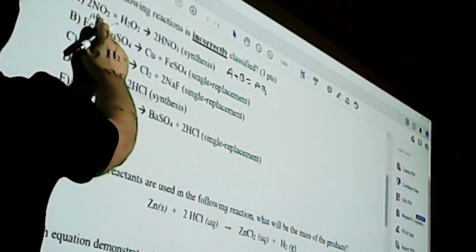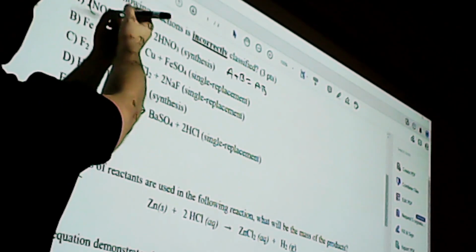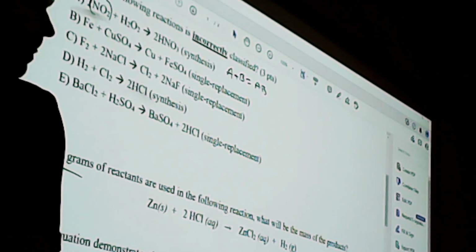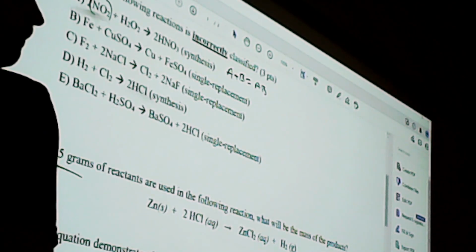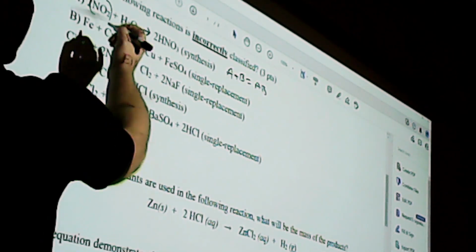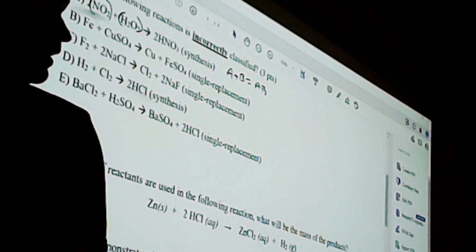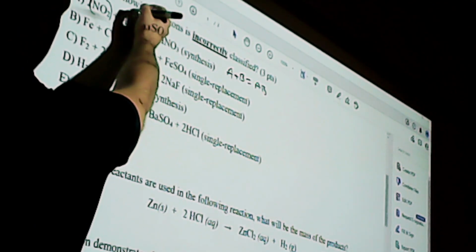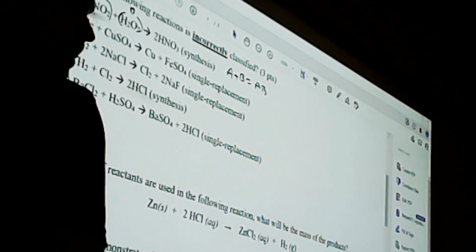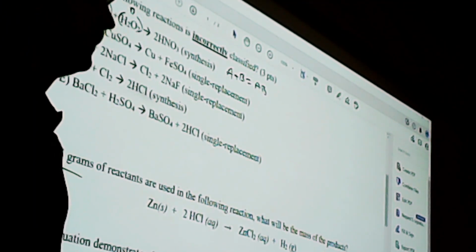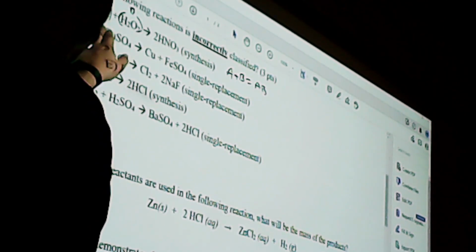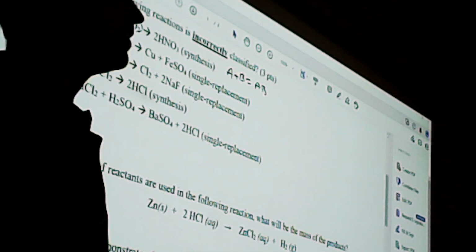Well, that's not true, because what is that thing? It's a polyatomic ion, which is just an A. This H2O2 is also a polyatomic ion, which is your B. So from there, synthesis is correct.